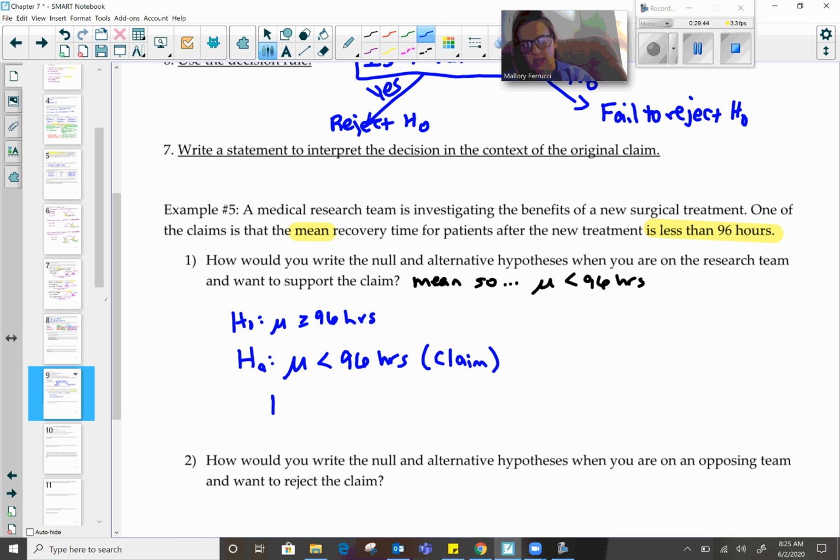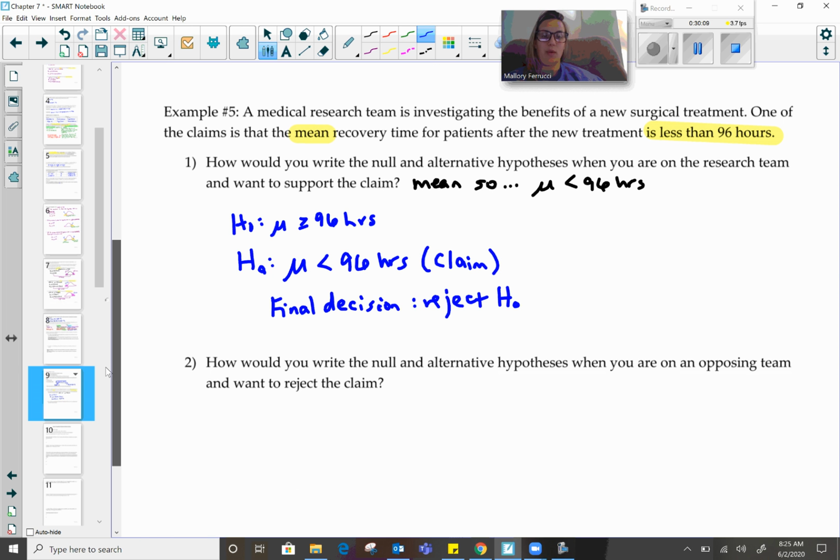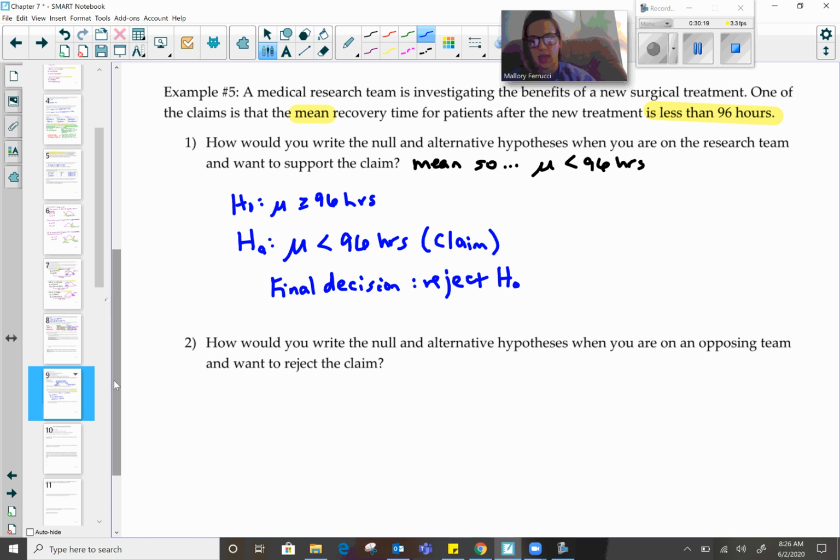Then our final decision, if you want to support the claim, should be that we reject the null hypothesis. Now it says, how would you write the null and alternative hypotheses when you are on an opposing team and want to reject the claim?